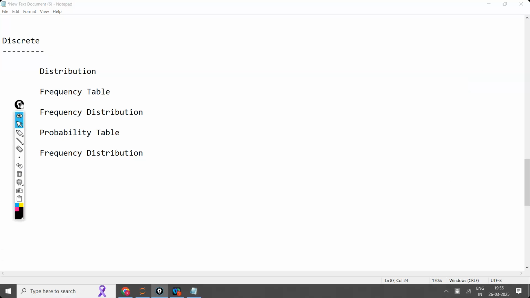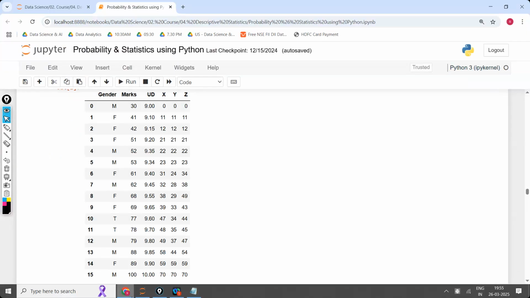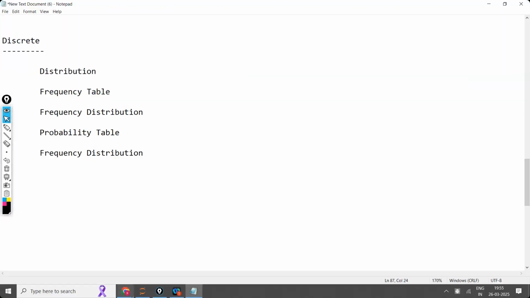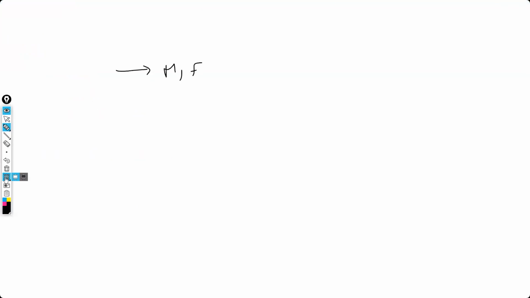Now in your data set, the discrete variable you are having is the first column, gender. Now just open the image you have taken. In that, tell me what distribution you are having. Gender has what values? Male and female, M and F. Third one also is there, T. Total 3 are there.